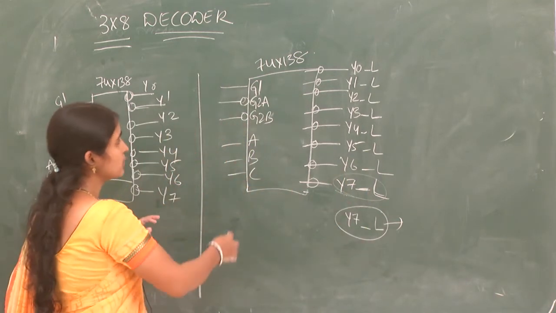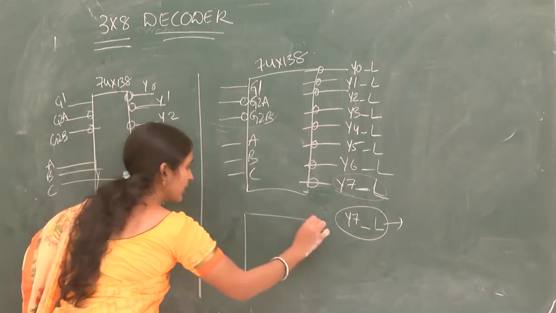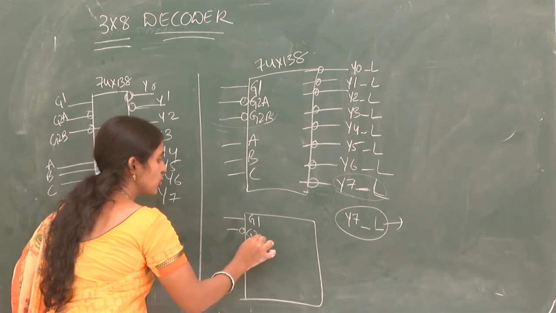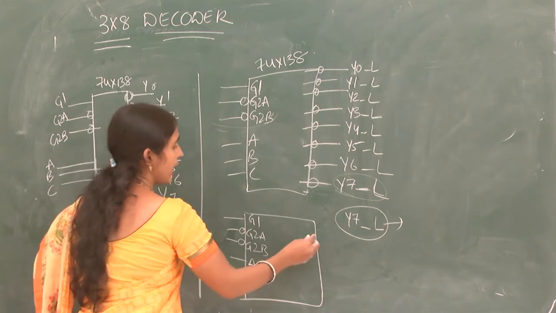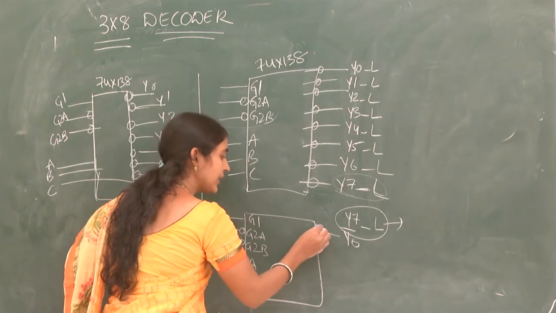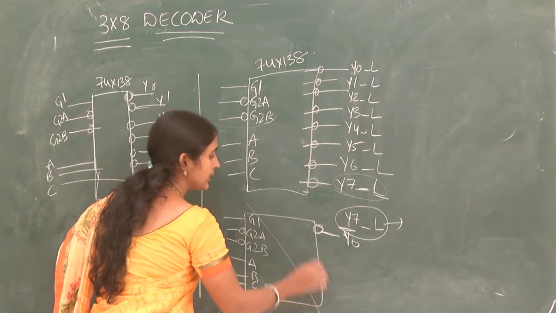At the same time, see here, these are your enable inputs. And one of the small mistakes one will be doing is that G1, G2A and G2B, where A, B, C are inputs, you should not specify like this, why with a bar? This is already an active low signal, you should not mention a bar again here. This is completely wrong.